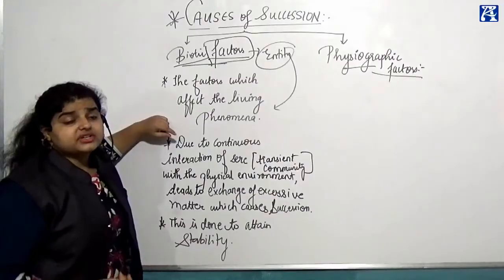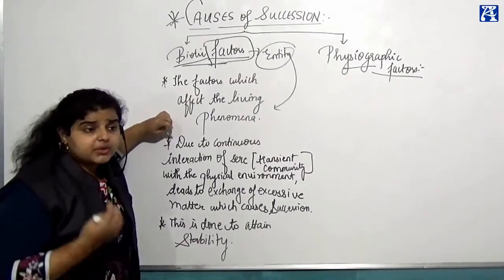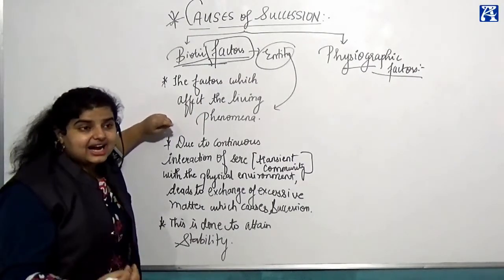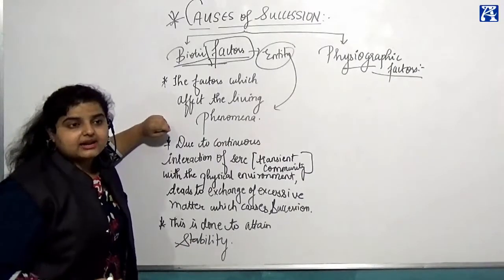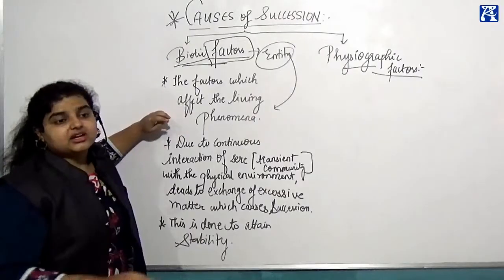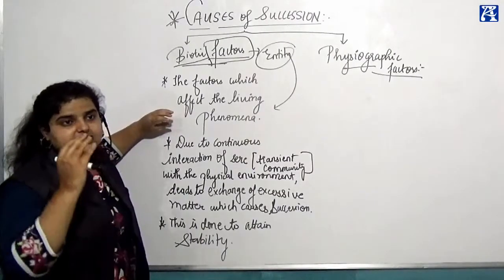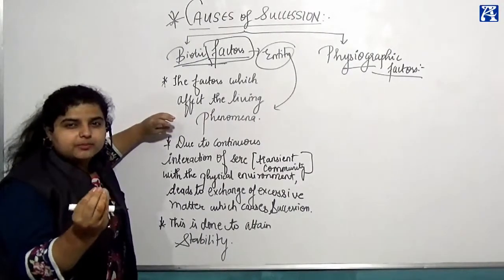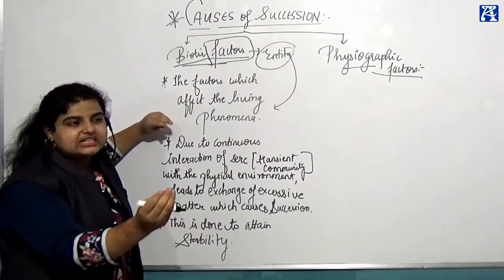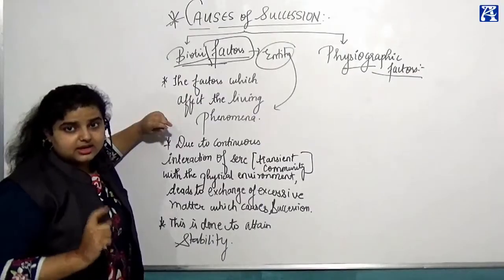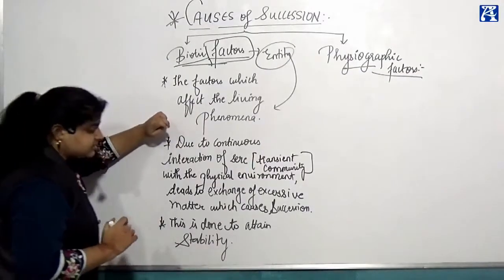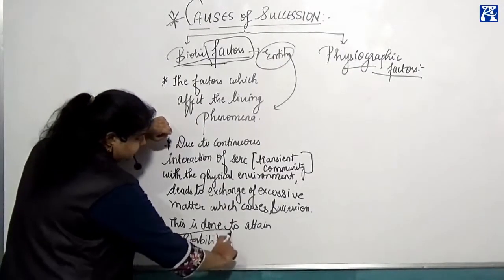When there is loss of excessive matter and energy from a living source, they die and lead to barren land formation. And when barren land forms, a new plant replaces the old or dead one, and that is called succession. Clear? I told you, right? And this is done to attain stability.